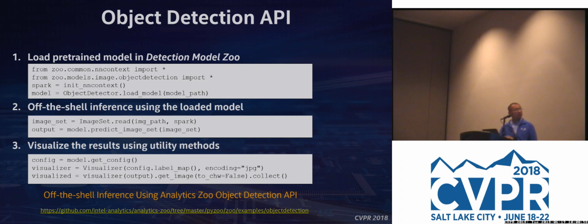From the model, you get all the configurations, which provides all the label maps. Some of the models are pre-trained on the MS COCO data, some are pre-trained, for instance, on the Pascal VOC data, so you have different labels. You can get a label from the model, and you visualize it on your image. It essentially draws all those bounding boxes on the images, and you can show that. There are some examples and notebooks that we will look at later.